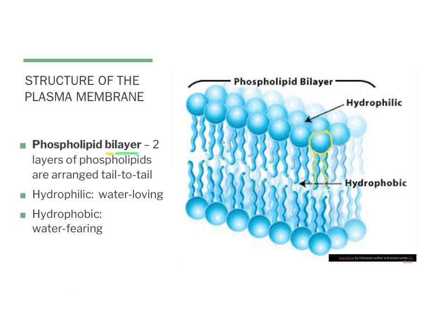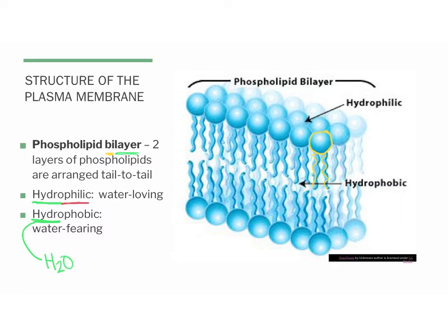And the reason for that is these phospholipids have something called a hydrophilic end and a hydrophobic end. Let's look more in depth at what those words mean. Hydro means water, so I'm just going to write H2O for water.